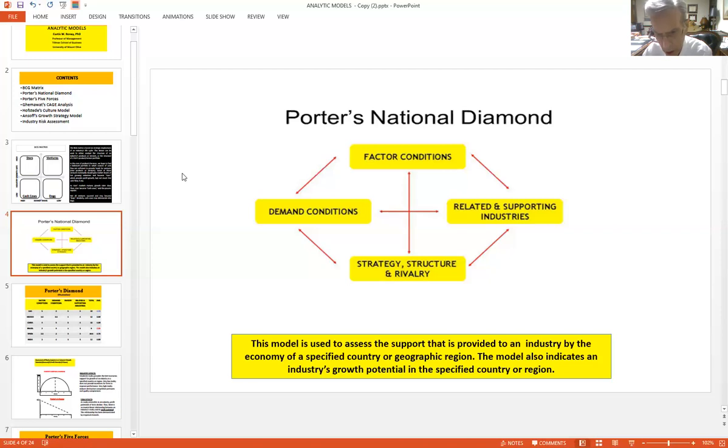So the firm that wants to build a particular product and develop and then grow internationally wants to find a home base to start out. The whole reason that Porter did this diamond was to show companies how to find countries to start new businesses, because once they get going, once they flourish, then those companies can expand into other countries.